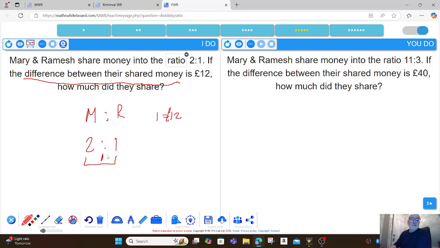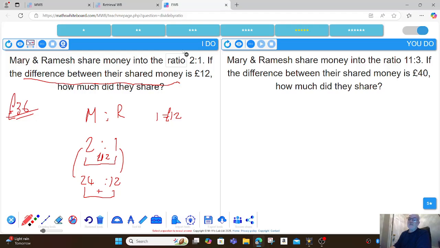So we know the difference on this one is £12. How much did they share? So if that equals 1 part, Ramesh has £12, Mary has £24, and I'm adding these two values together. 12 plus 24 gives me £36 is what they've shared.